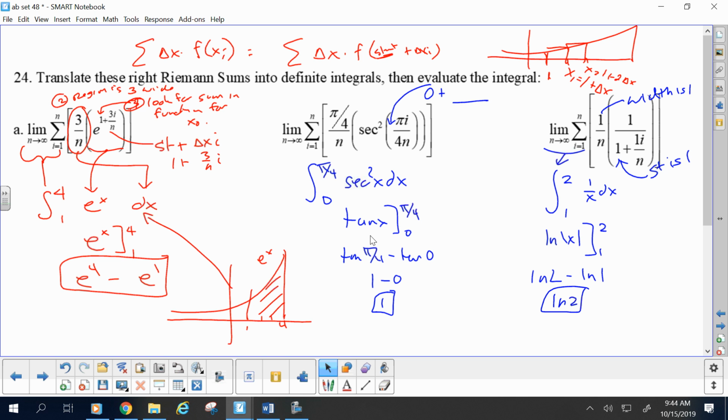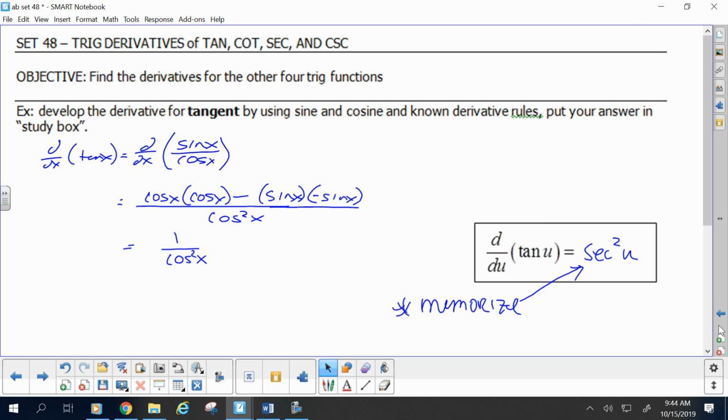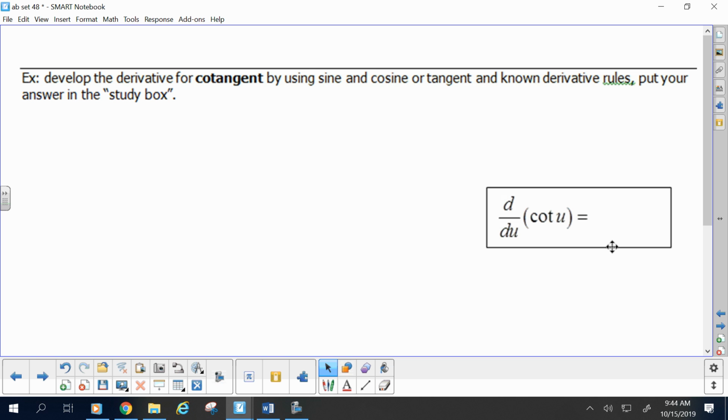So go back to your notes now. We did tangent, I believe. Now let's do, and by let's I mean you do cotangent. That's all on you. Teach a man to fish and all that.